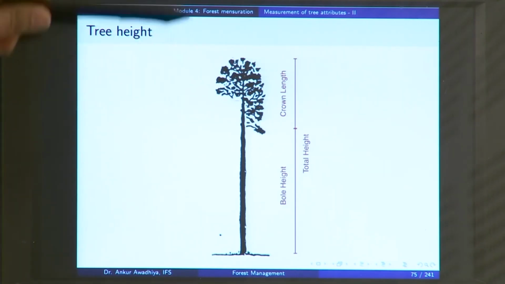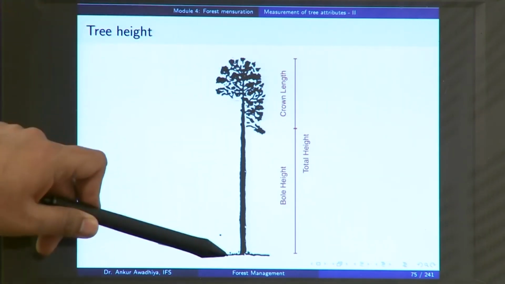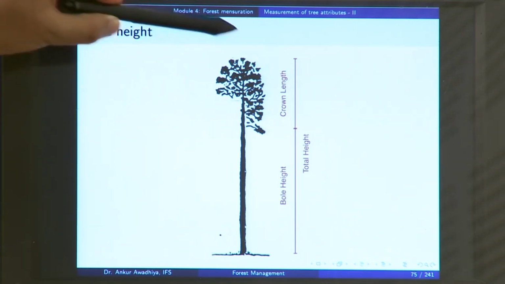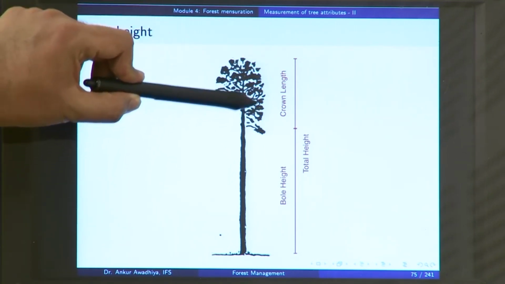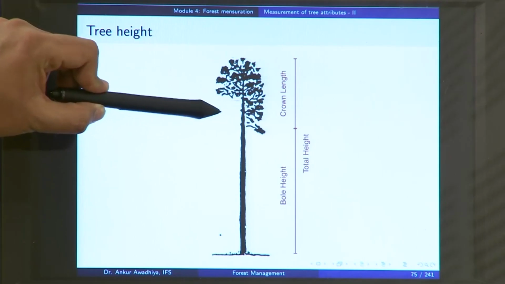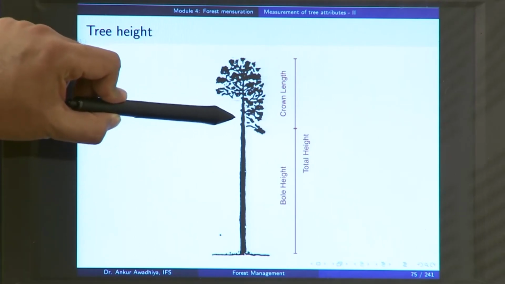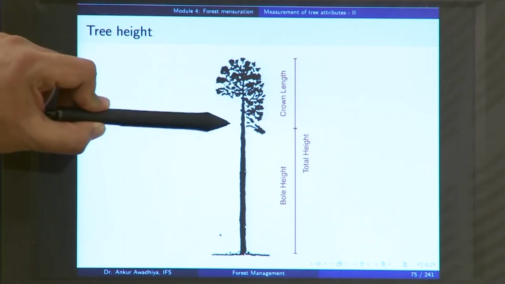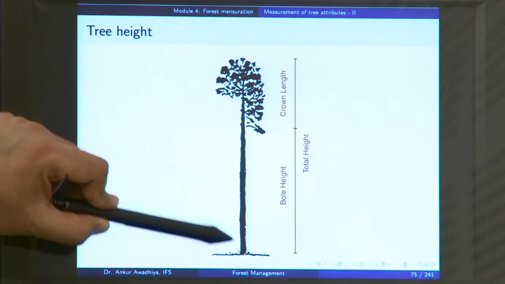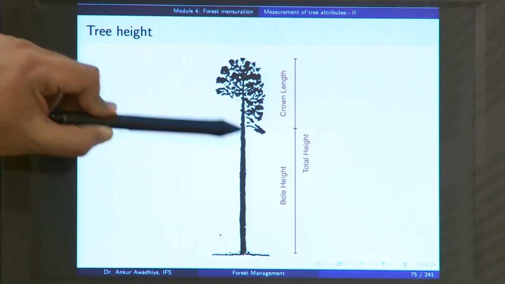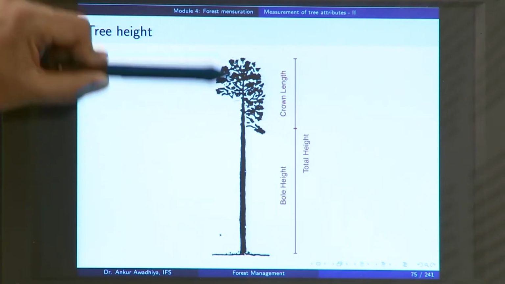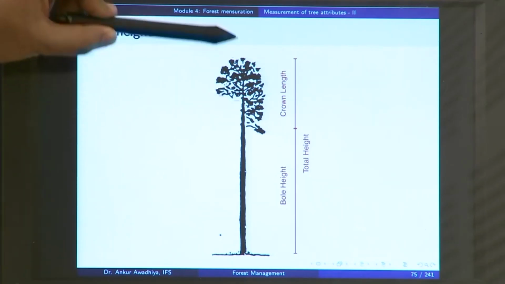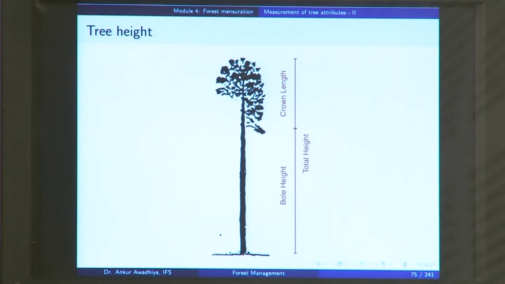The first one is the bole height. If you consider any tree, the lowermost branch is a part of the crown. The height of the tree till this lowermost branch is known as the bole height, and above this height we will have logs with a large number of branches.